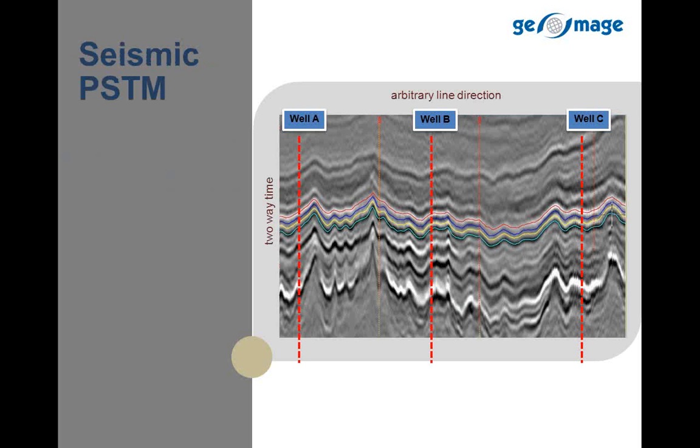The conventional time migrated image, in a zoomed picture, shows the structural situation. We had several production wells, and this reservoir is known as a fracture reservoir.